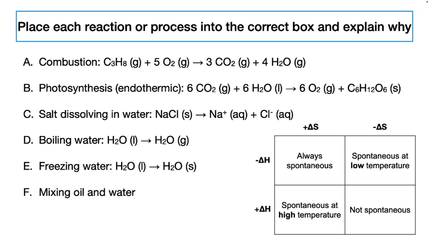A spontaneous reaction needs to be a negative delta G. After that, you're now evaluating what's going on with your delta H and your delta S. Delta H is your bond enthalpies. That can be quantified, or is usually quantified, but we could also state it as exothermic versus endothermic. That's going to give us that sign information as well.